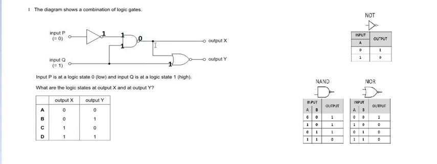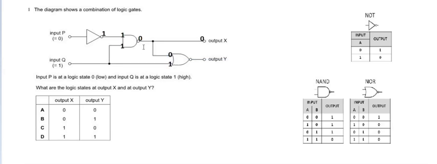Now this 0 is the output X, because this is a common junction, and it also comes like this and is an input for this NOR gate as well. It is 0. So we now get 2 inputs for this NOR gate.